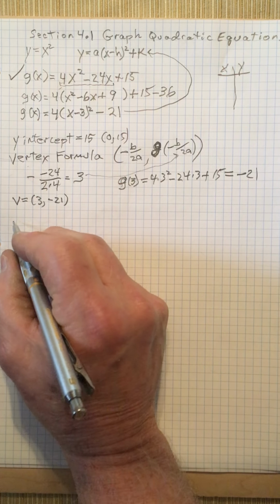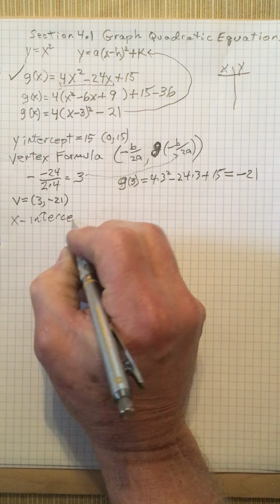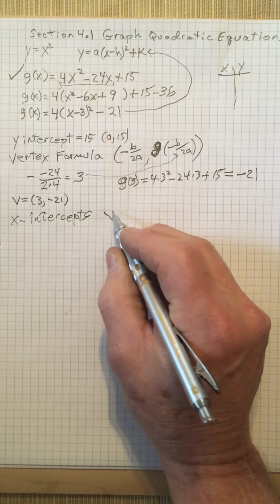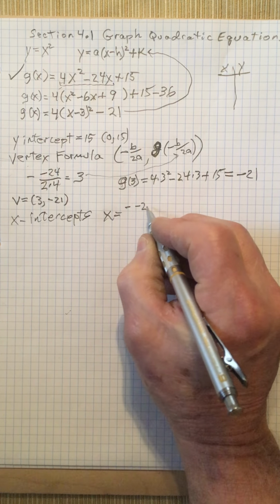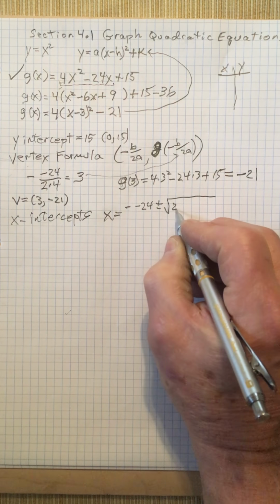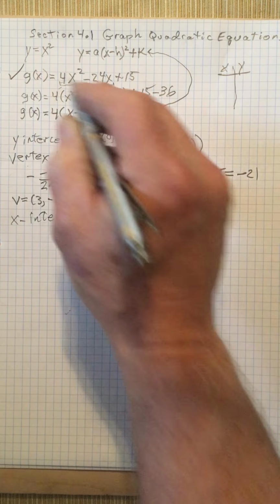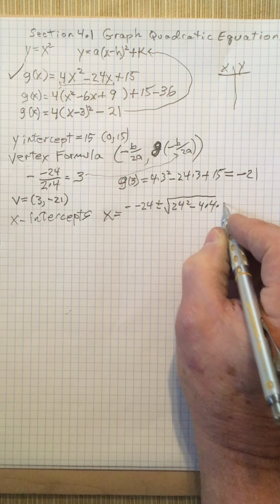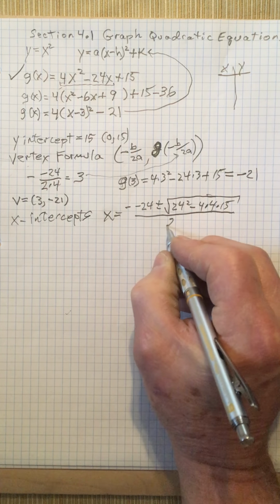So for the x-intercepts, we're going to have x equals negative b, and b is a minus 24, plus or minus the square root of b squared minus 4 times a, which is also 4, times c, which is 15, over 2 times a, and a is 4.